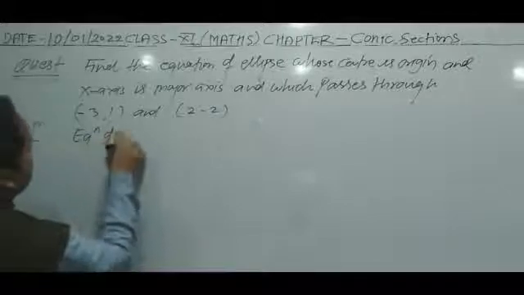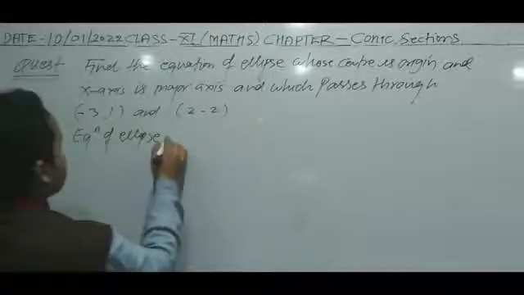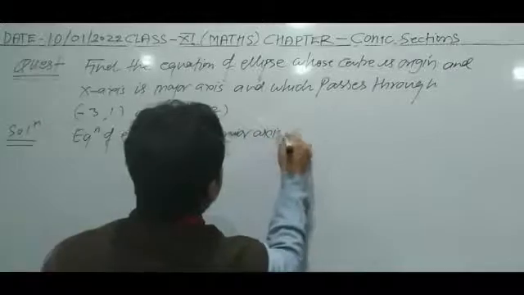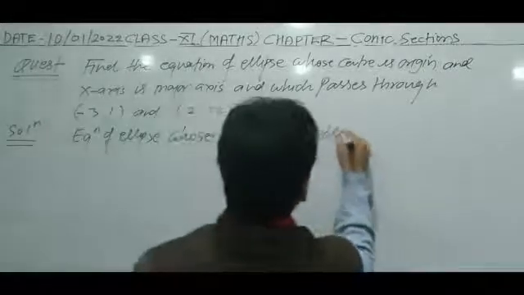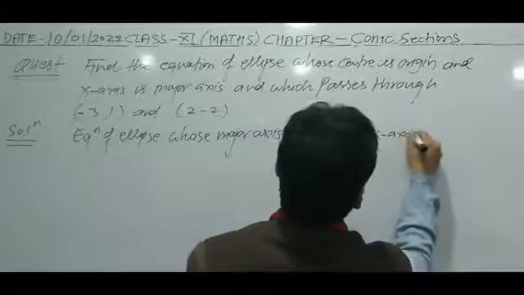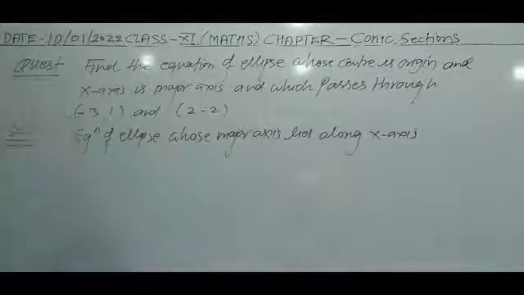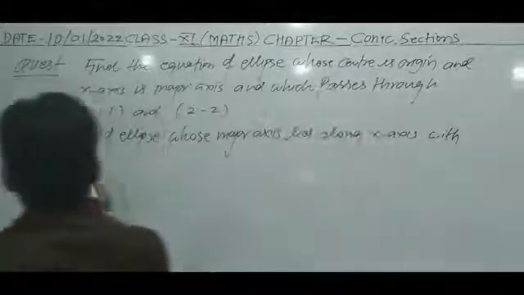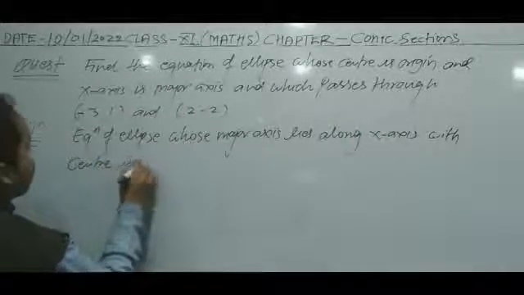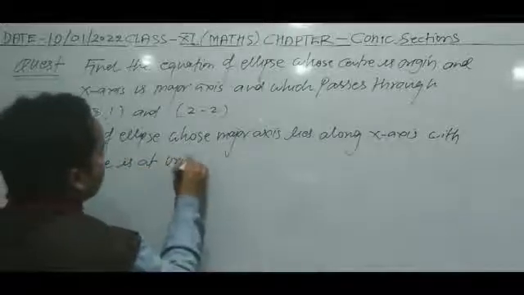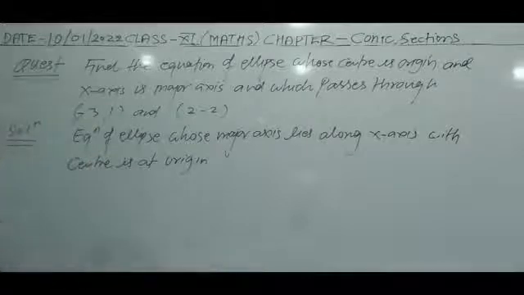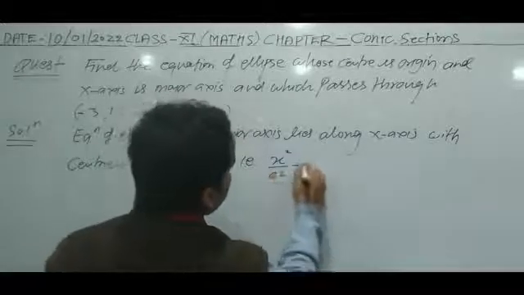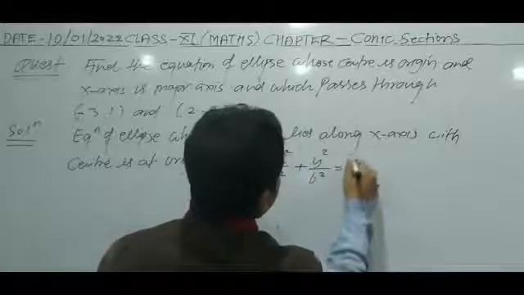Equation of ellipse whose major axis lies along x-axis with center at origin, what we can write, that is x square upon a square plus y square upon b square is equal to 1.